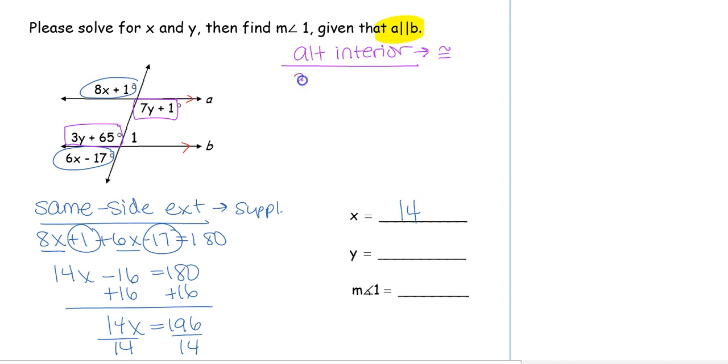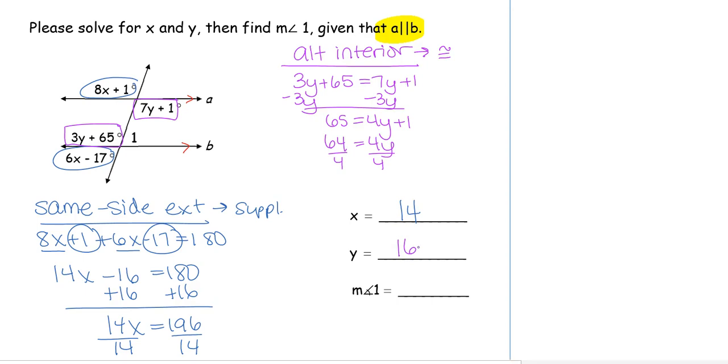So I would set 3y plus 65 equal to 7y plus 1. Equal angles, same relationship. Set them equal. We move our 3y over. We've got 65 is equal to 4y plus 1. We move our 1 over. We get 64. We divide by 4, and we find that our y value is going to be equal to 16.